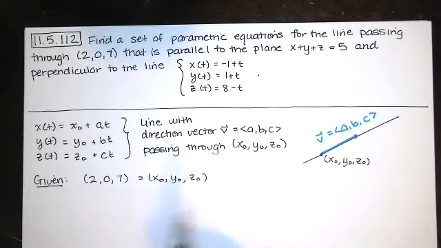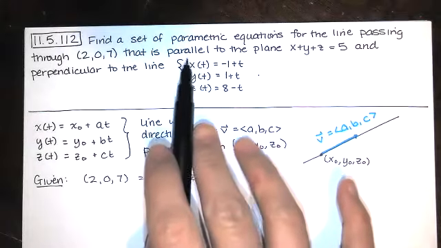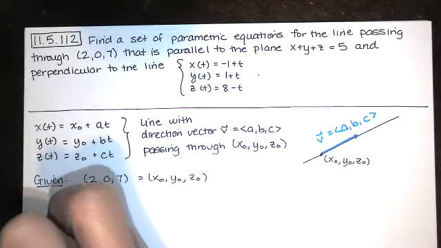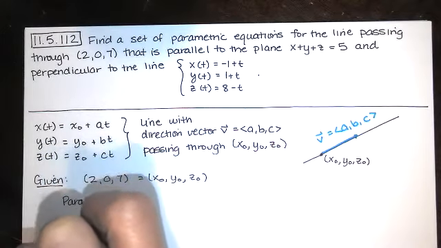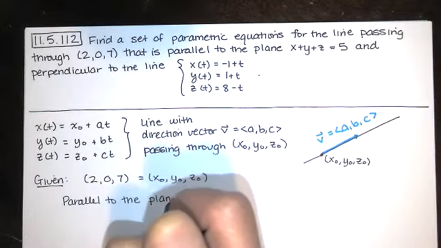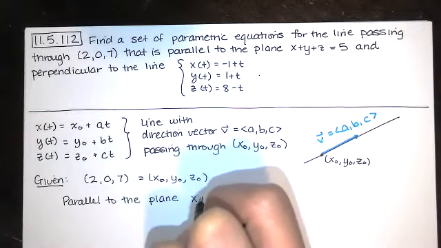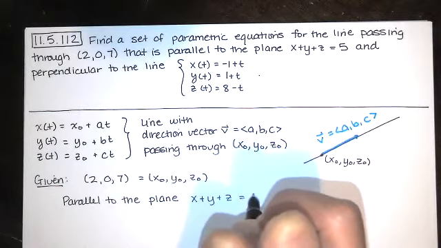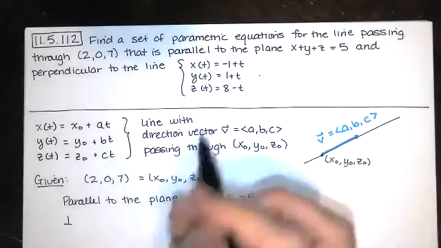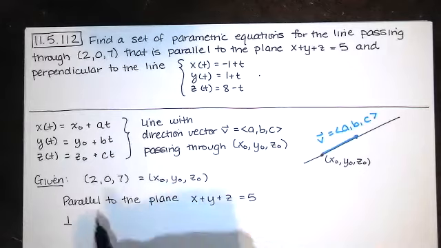So we know this, and we also know that our line is parallel to the plane given by the equation x plus y plus z equals 5. And we know that our line is perpendicular to this line, the second line.